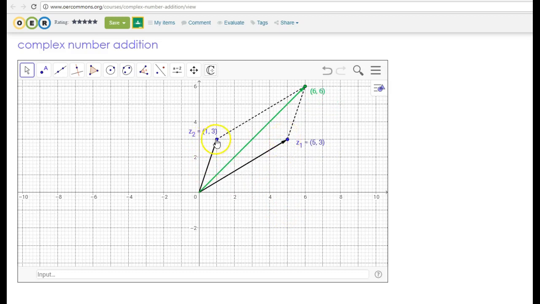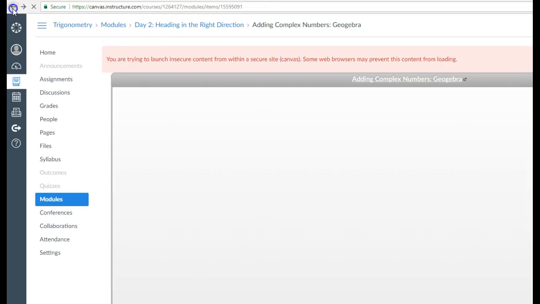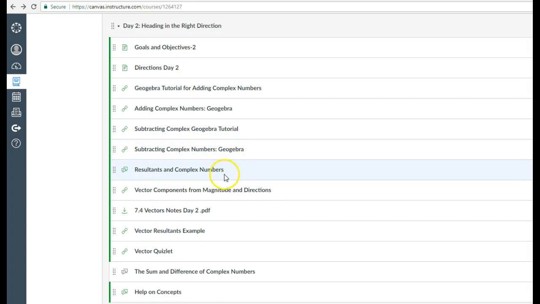Here's one number, here's another number, and they add them together, and the green arrow is the resultant. And so there's another activity like that. And I asked students to comment on that in one of the discussion boards. And I got a student response on that. I was very pleased about that.